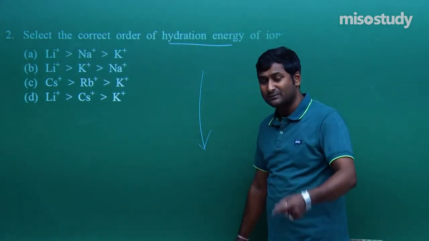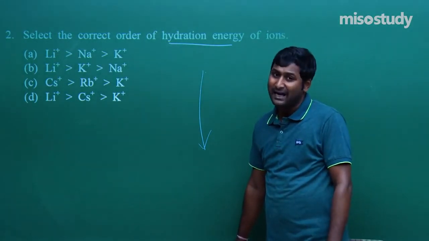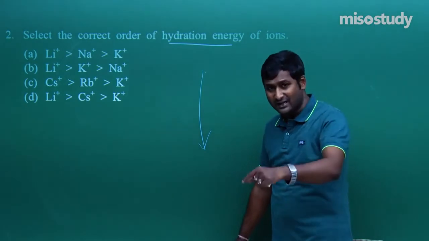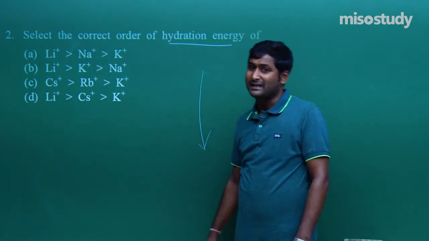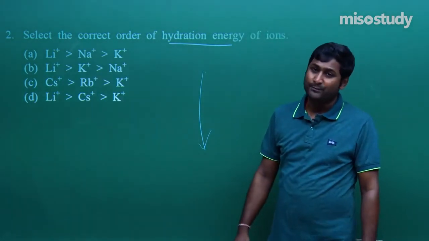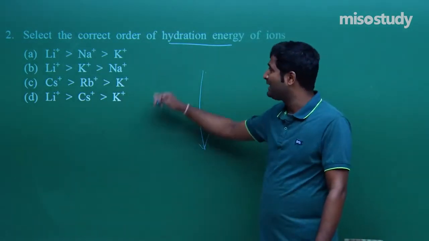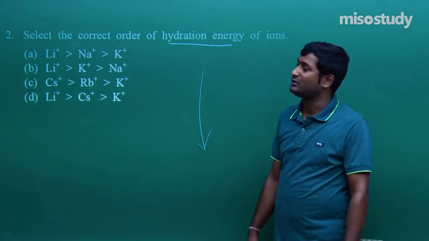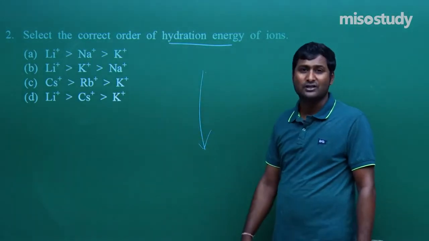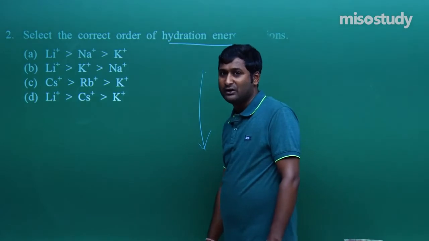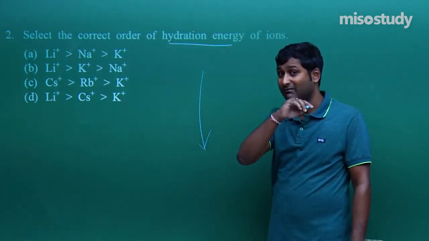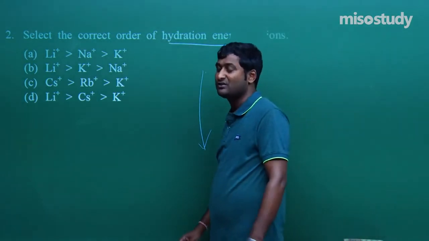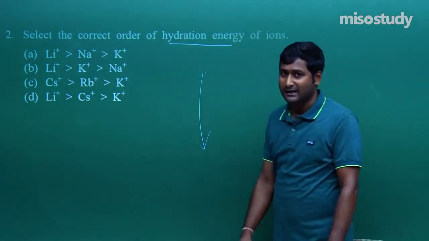If the size of the cation increases, then the degree of hydration decreases, because the smaller the size of the cation, the higher the degree of hydration. Higher degree of hydration ultimately leads to higher hydration energy. Clear to you? And higher hydration energy means lower ionic mobility, or ionic conductivity.